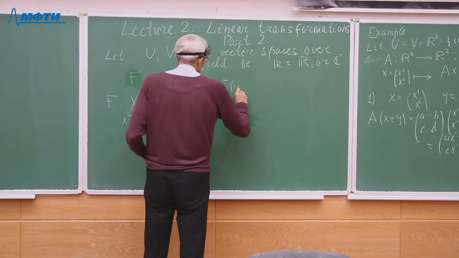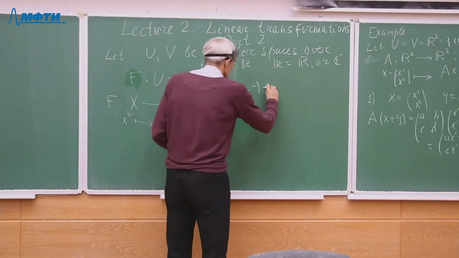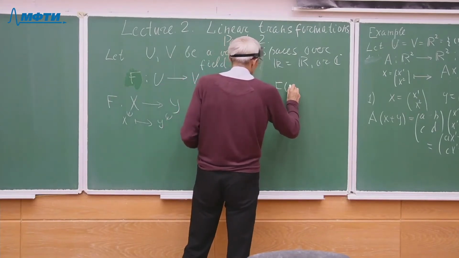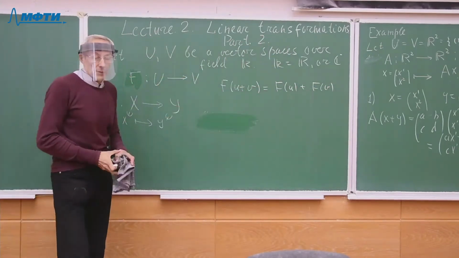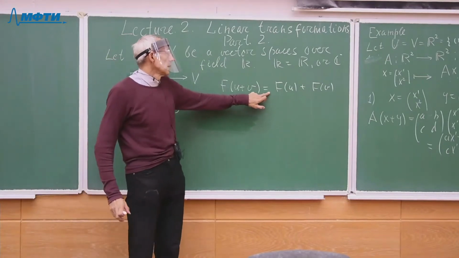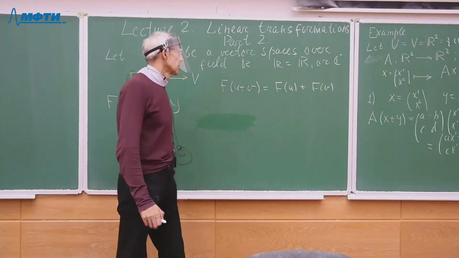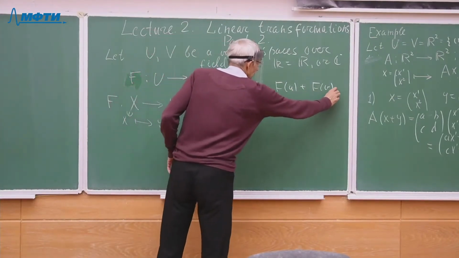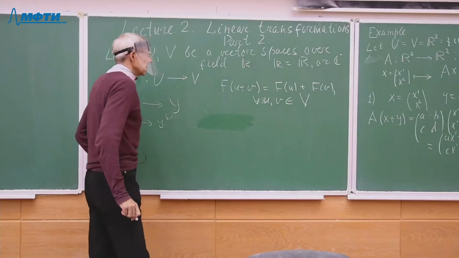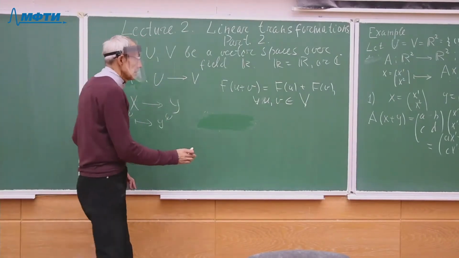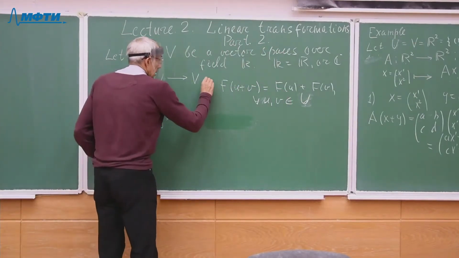If we have two vectors u and v, f maps the sum into the sum of its images, namely f maps the sum u plus v into the sum of images f at u plus f at v for all u and v from vector space U. The first property.